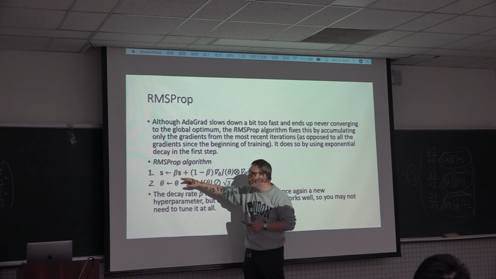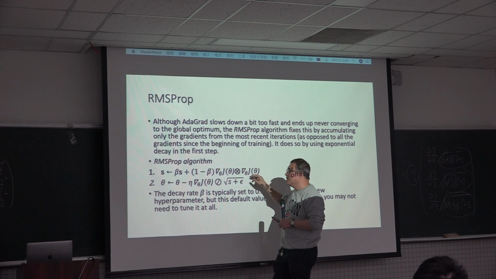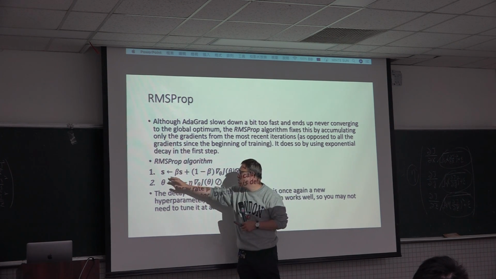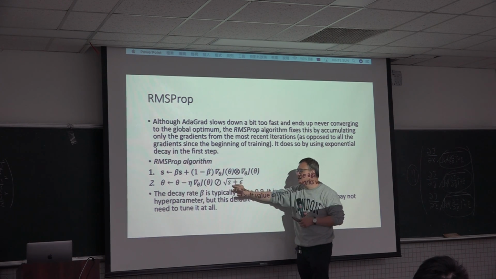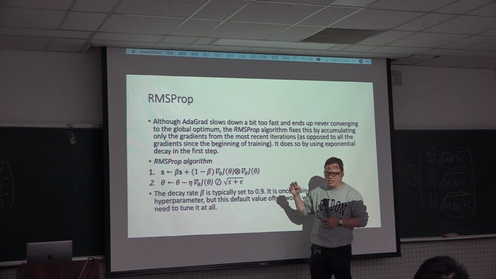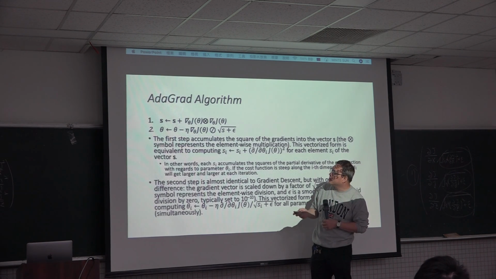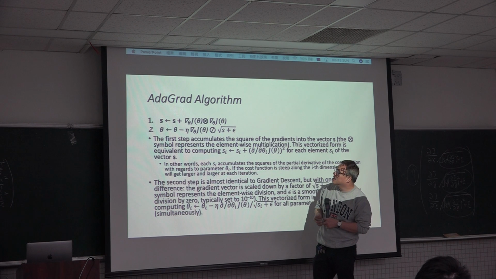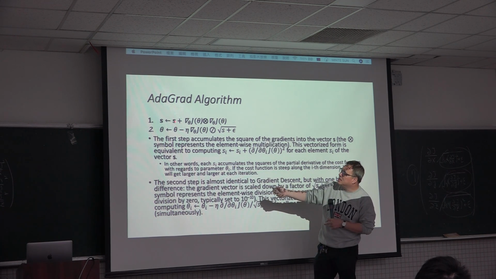So by doing so, the S is not going to be that big. In the previous one, you can see initially S is 0, and this is almost dominated by this term.